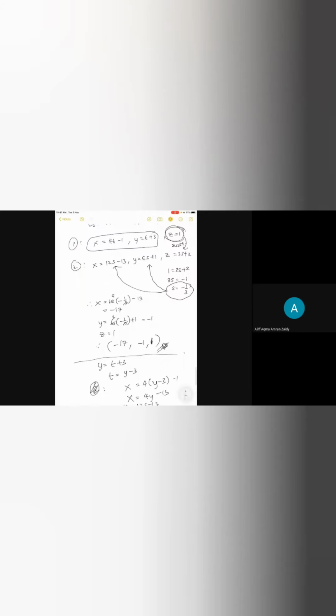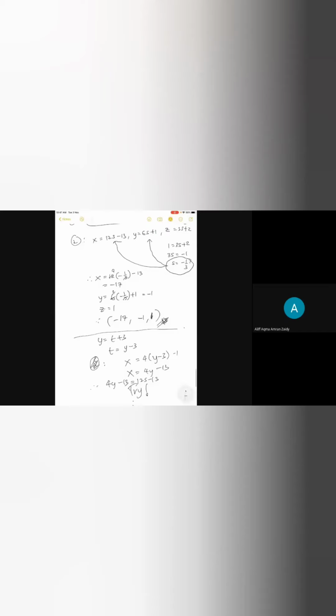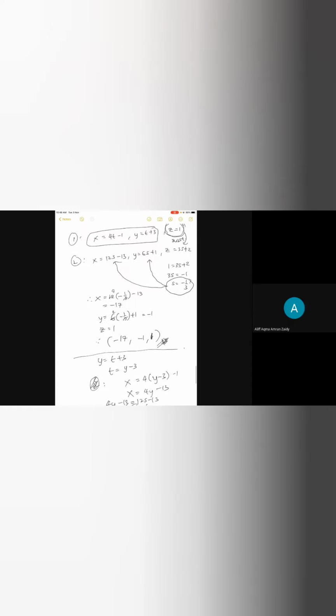Or, lagi senang, awak buat simultaneous equation. X sama dengan X. So, awak dah apa tadi? X 4T tolak 1. Samakan dengan 12S tolak 13. Equation pertama. Equation kedua, awak ambil Y. T tambah 3 sama dengan 6S tambah 1. Equation kedua. Okay, dapatlah nilai T dengan S, masukkan balik. Ini pun boleh try simultaneous equation.